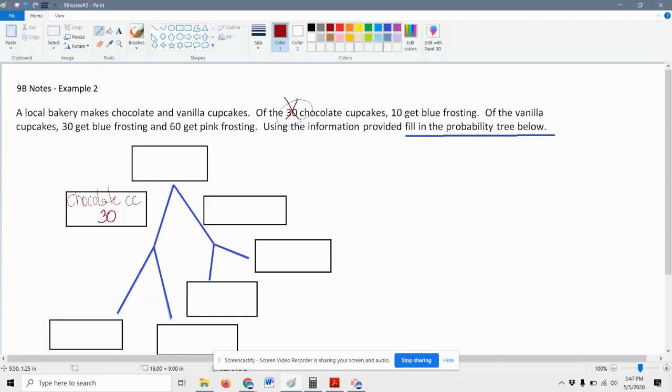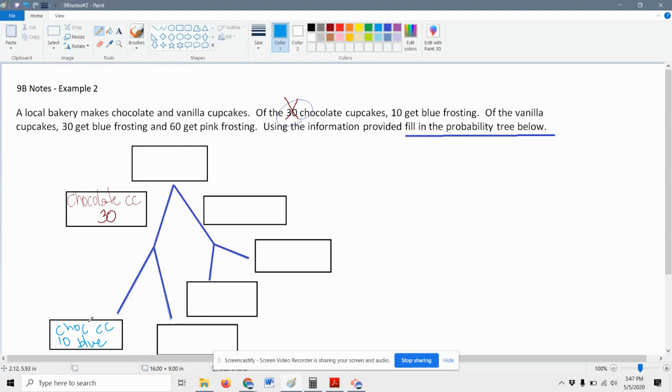And the next thing we know is that 10 of those chocolate cupcakes get blue frosting, okay? 10 get blue frosting. But these are still chocolate cupcakes. And sometimes I think it's a really good idea to bring the heading down to this lower one. You're going to see why later as we go through some problems.